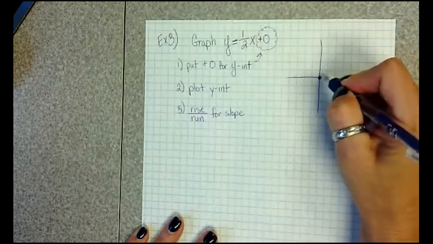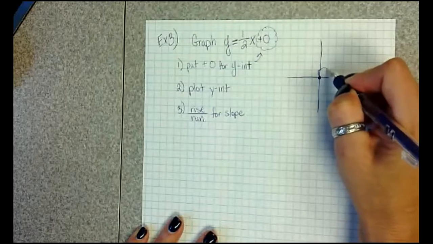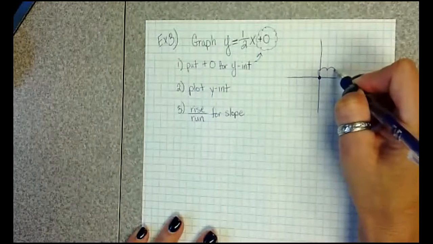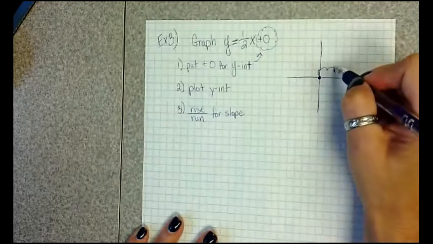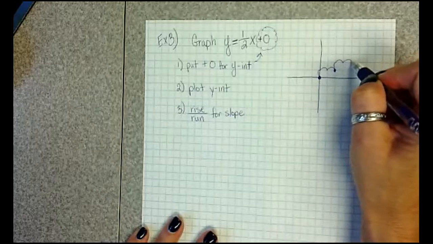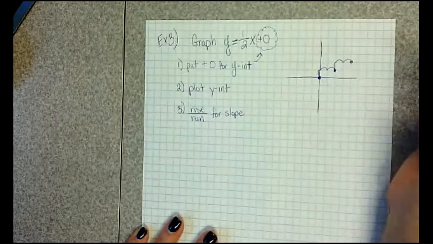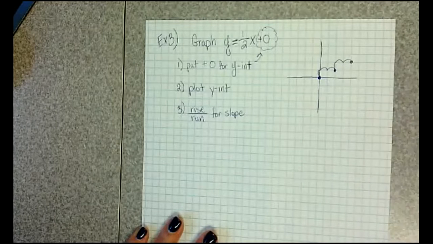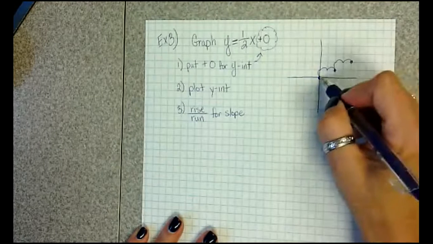So rise 1, run 2. If you have space, you could always do it again. Rise 1, run 2. And then connect your dots.